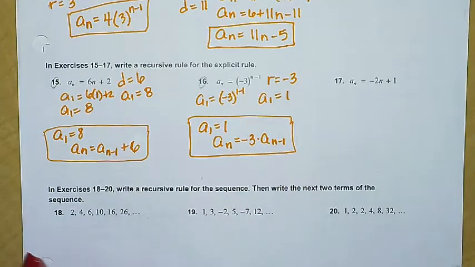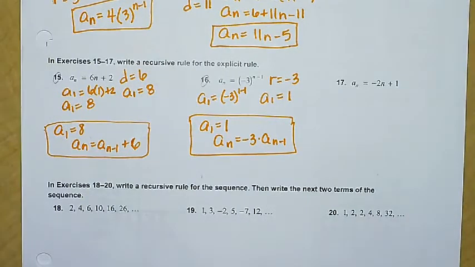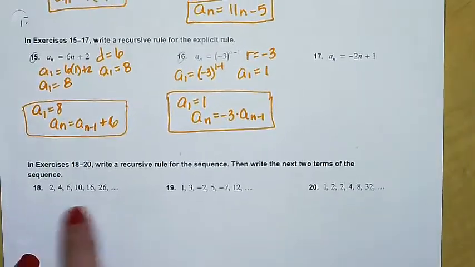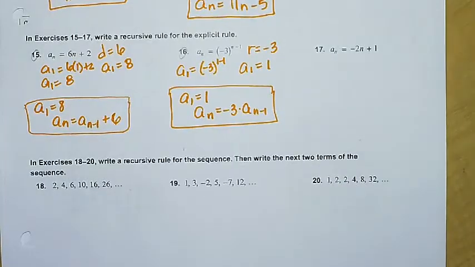That really wraps up our conversation about arithmetic and geometric sequences and writing the recursive equation for these. We're going to explore this last section, which is kind of fun. They're not arithmetic or geometric. They have other patterns. So I invite you to check that out and see if you can figure out what the pattern is. It's going to be recursive, so think of it in terms of what they are doing to the previous terms to get the next terms, and then we'll see how that went in class.